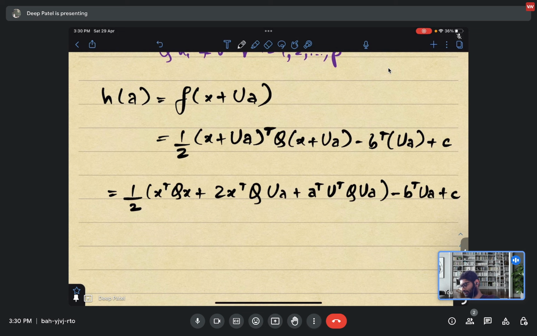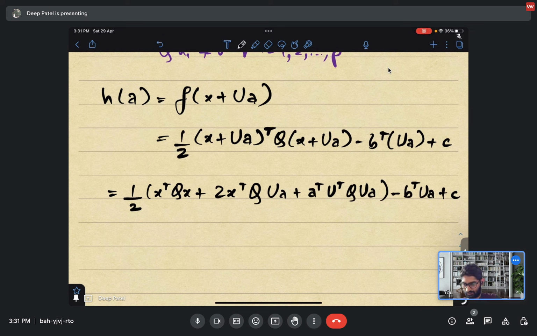Remember that instead of a scalar, now you have a vector a, of which your h is a function. Previously we had g of alpha, now we have h of a. I'm just using a slightly different notation for convenience. We want to find that vector a such that we minimize h of a.